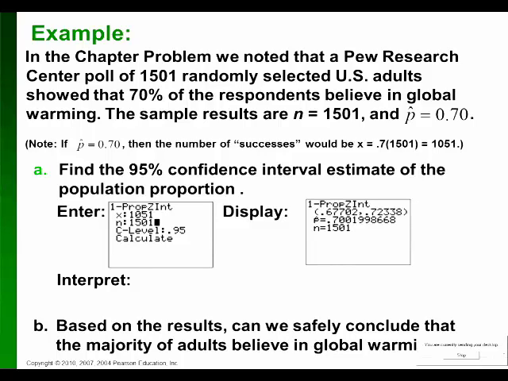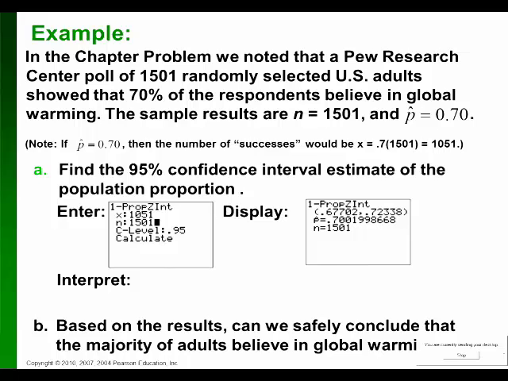The number in the sample is 1,501. The proportion of the sample, that's P hat, the proportion of the sample who believe in global warming was 0.7. Now, when you go to 1 prop z int or 1 proportion z interval, the calculator is going to ask you for 3 things.